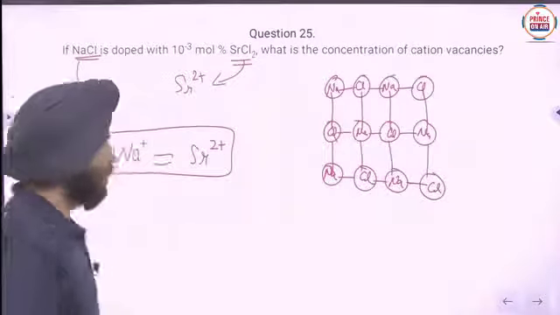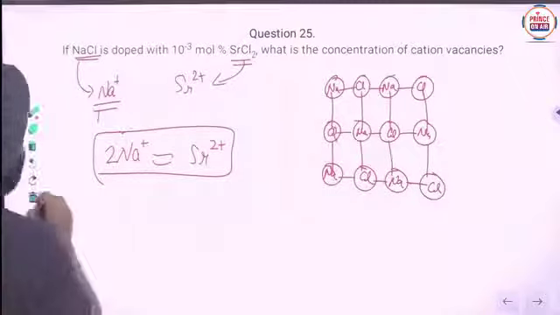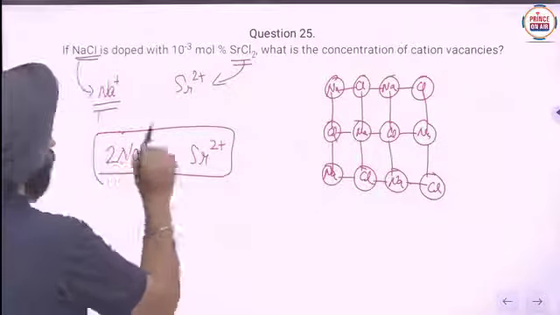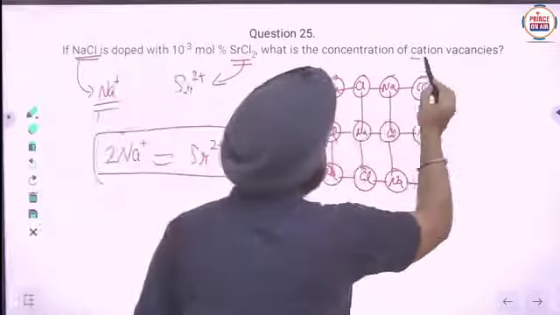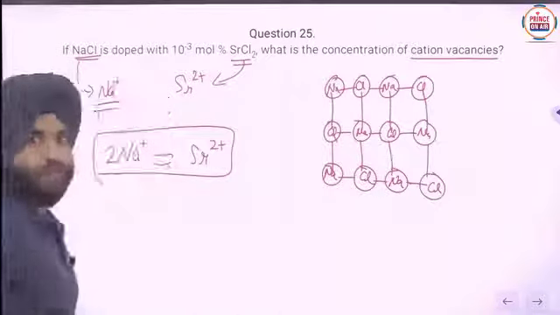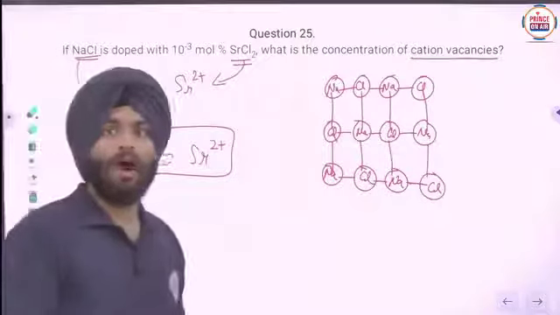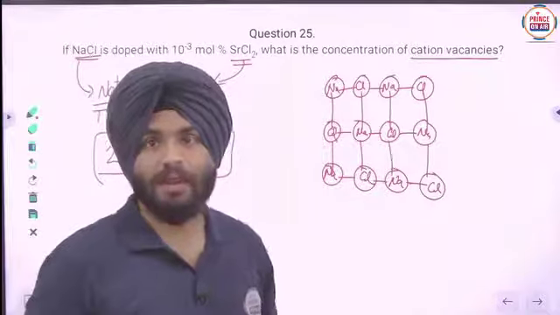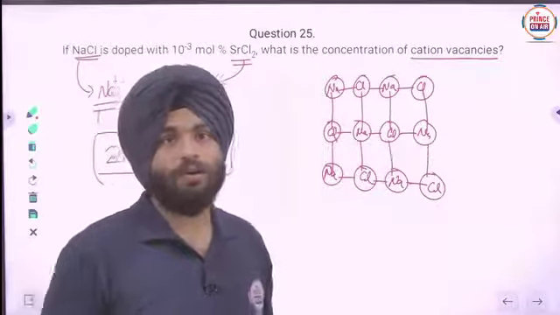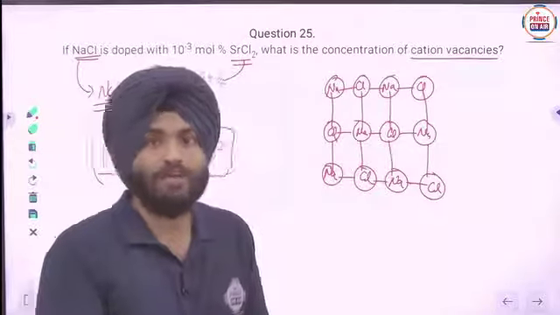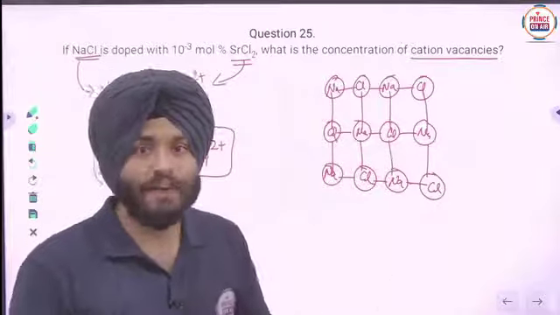ions. Okay. So what we have to find is the cationic vacancy. We have to see how many cationic vacancies there are. For that we have to check how many Na positive ions are replaced by Sr2 positive ions.